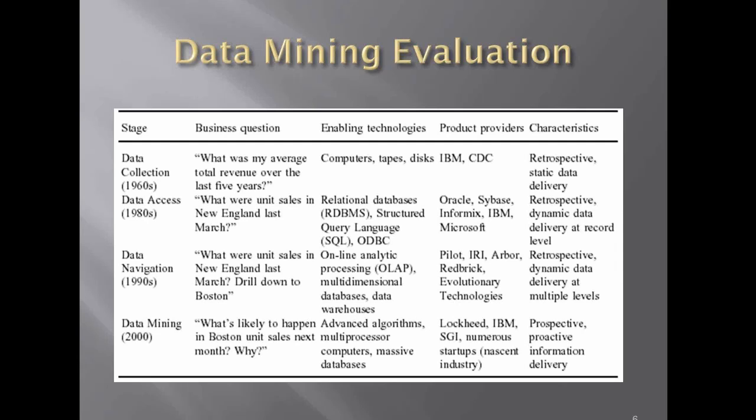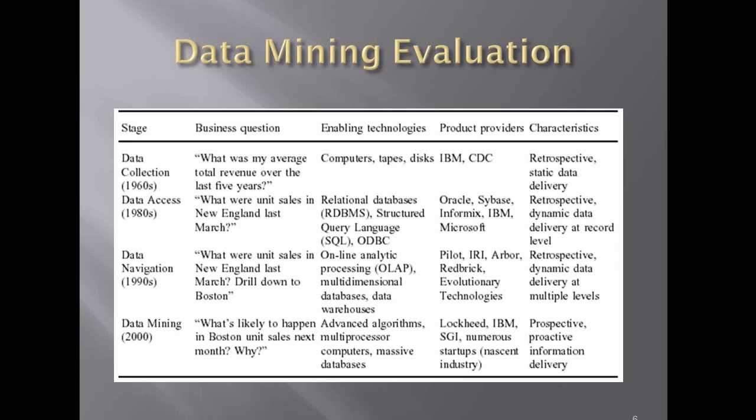Then we moved up to the 1980s, the stage where we had data access. The question we tried to answer was more sophisticated: what were unit sales in New England last March? So we're looking for a specific unit sales number in a specific geography in a specific time period.